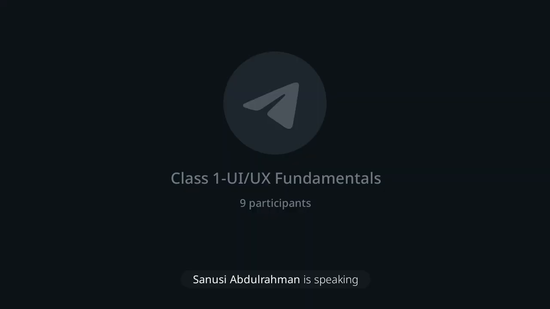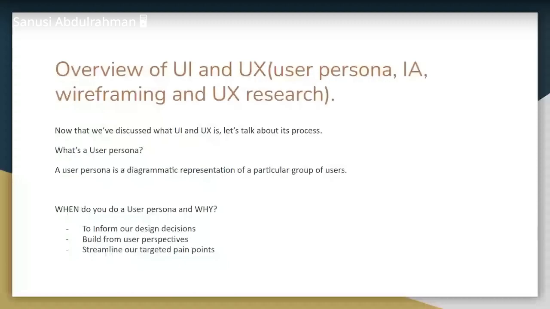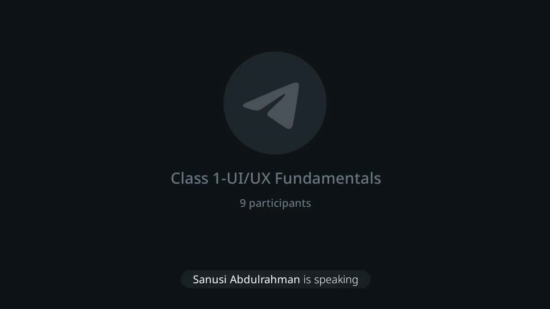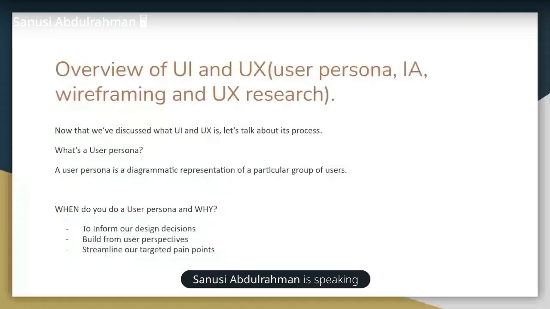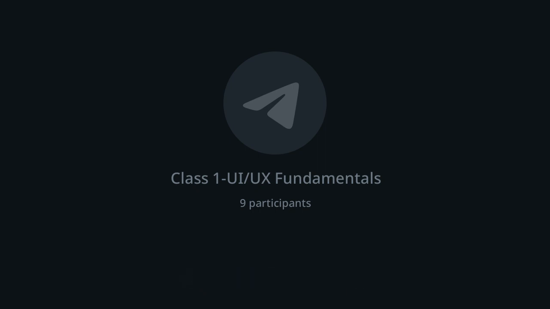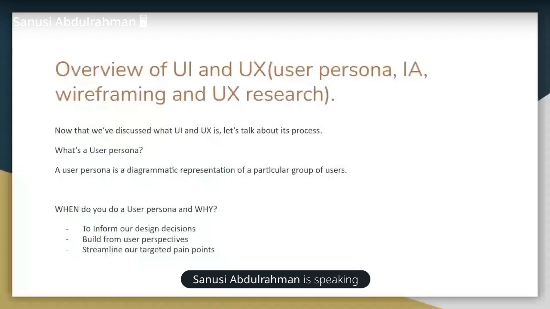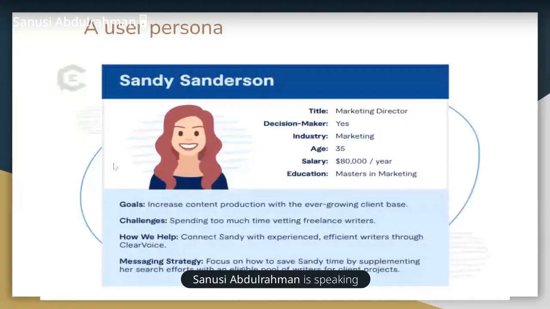So when do you do a persona and why? To inform our design decisions. The feedback we get from our users, we build from the user's perspective. This helps to streamline targeted pain points. So this is an example of what a user persona looks like.